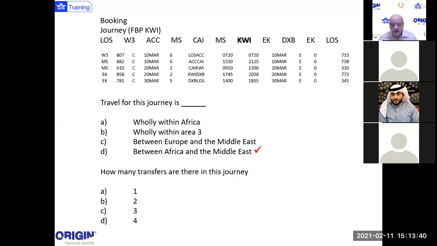Is a transfer a stopover? Is it a connection? Is it both? Connection. Okay, for fares, a transfer means both. It means basically you are transferring from one flight to another. Whether you stay or don't stay doesn't matter. You are changing planes.